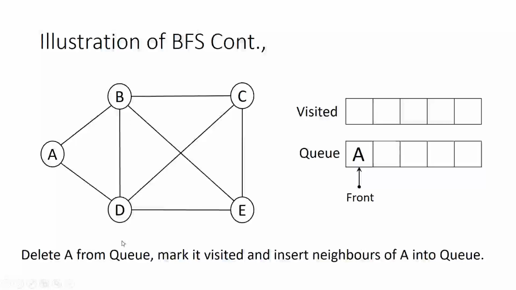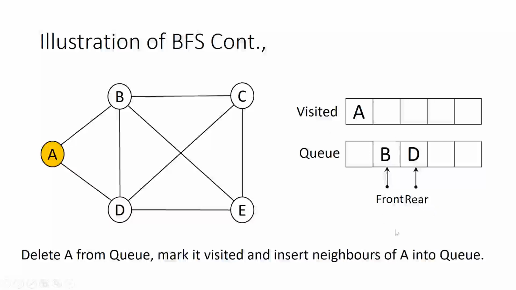What are the adjacency nodes of A here? B and D. You can insert these into the queue in any order. You can insert B first, then D, or D first and then B. Now from the queue, A goes into the visited array, and the adjacent nodes of A, B and D, are inserted. Here I have inserted B first, pointed to by front, and then D, pointed to by rear.